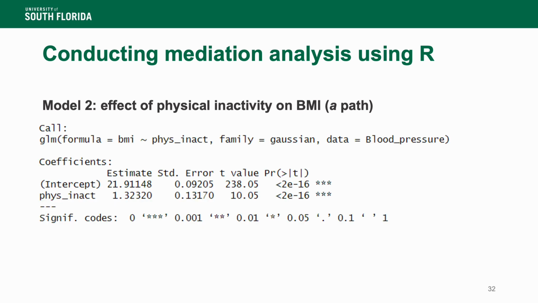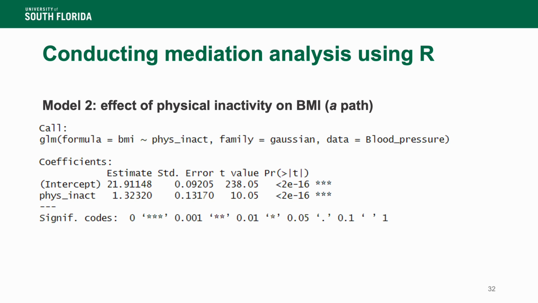Here we see the output of model 2. The intercept of 21.91 indicates that physically active individuals, again, physically active individuals are the reference group, on average have a BMI of 21.91.